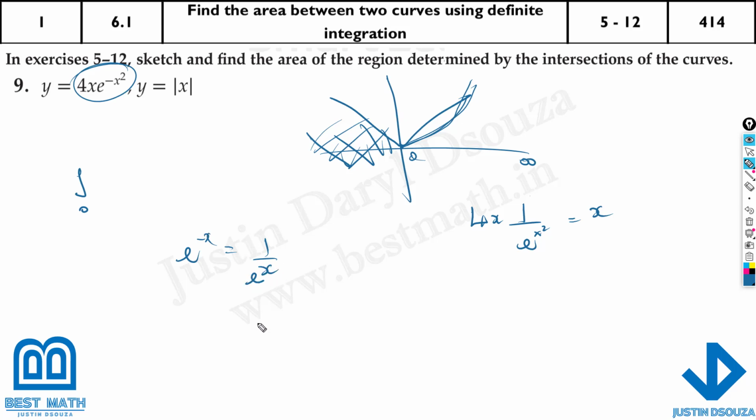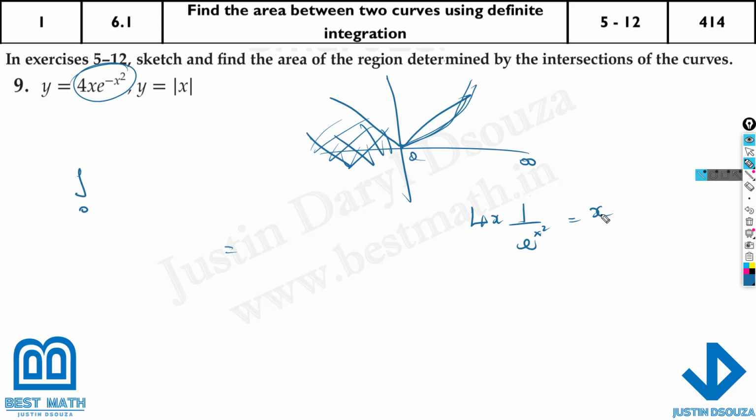Or if you have e to the power 2, you can write it as 1 by e to the power minus 2. Whenever you take it to the numerator, the sign changes, but now I had minus and I wanted plus, so that's why I took it down and made it positive.